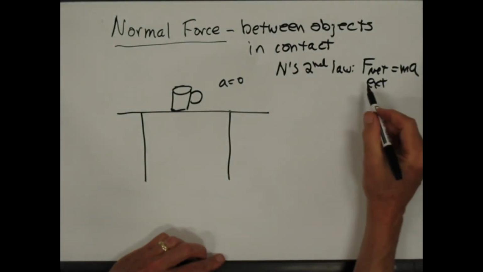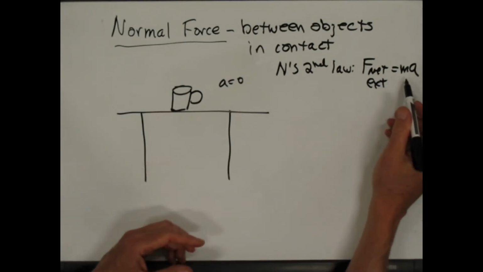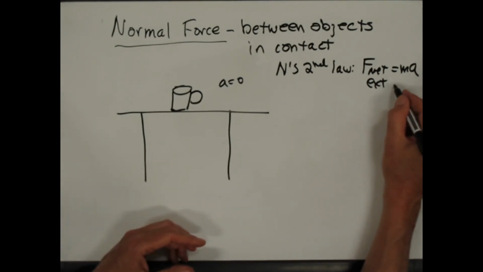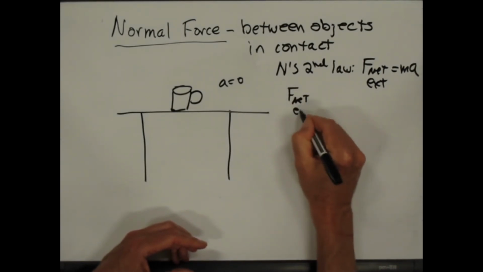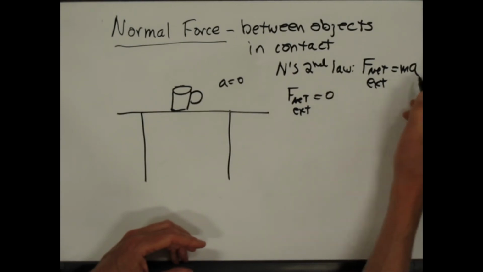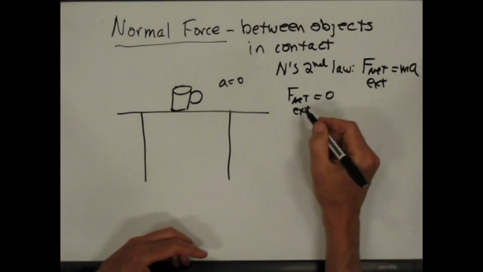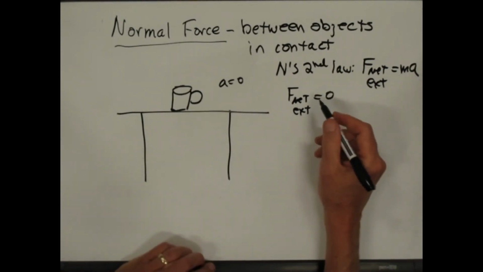That's Newton's second law. But that just has to be equal to 0, right? F net external equals 0 because the acceleration is 0. So the right-hand side is 0, and so that means the net external force is 0.